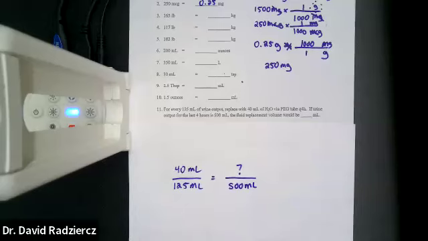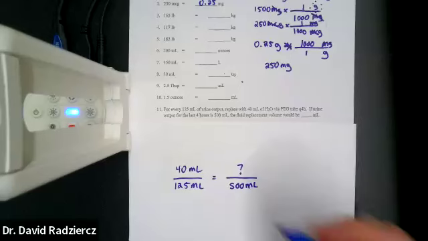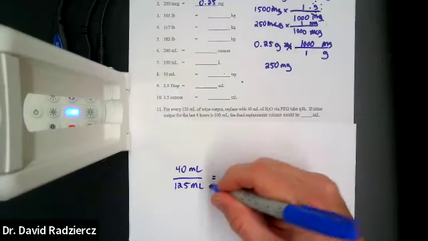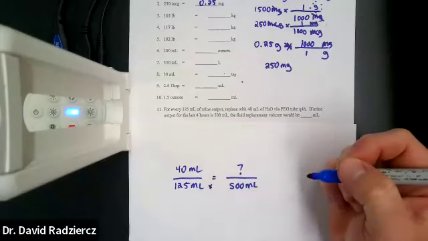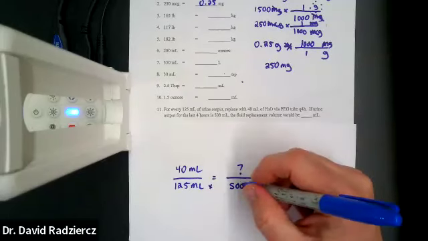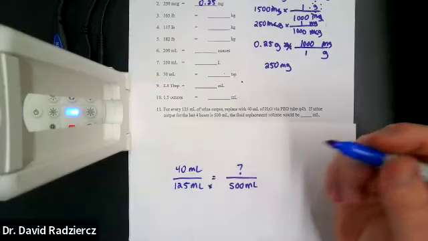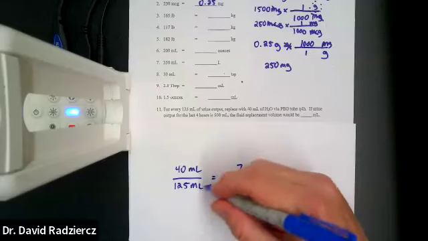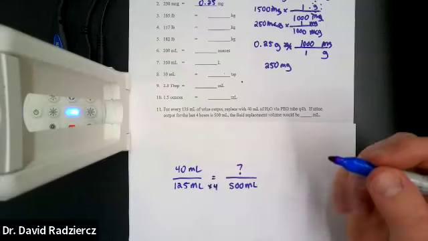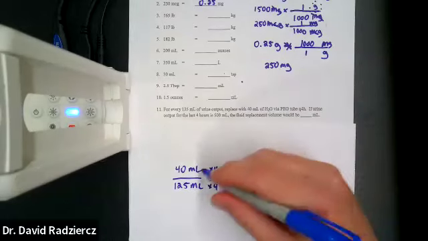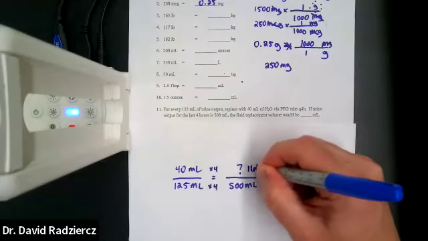You've probably done something like this way back in middle school. You can ask what the multiple is to get to 500. You can do 500 divided by 125. The multiple from 125 to 500 is 4, and we do that same multiple here. So 4 times 40 is 160 mL.